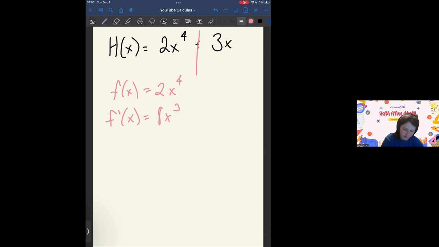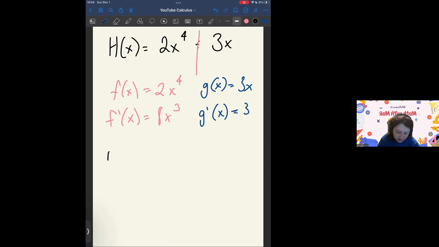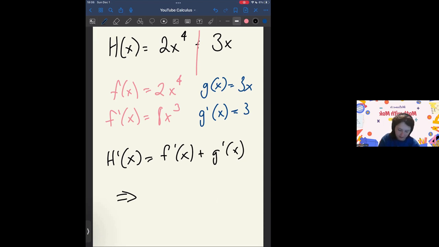And over here, we make it blue so that it's a little easier to see, g of x is 3x. g prime of x is 3. So now, because it's linear, we can say that h prime is f prime plus g prime, which means our answer is 8x to the third plus 3.